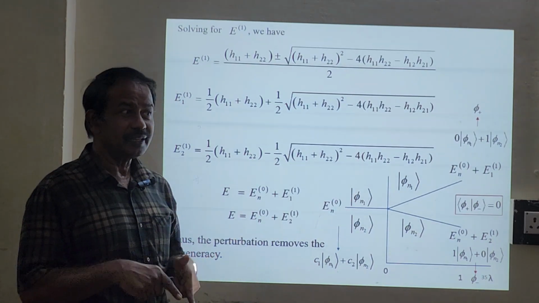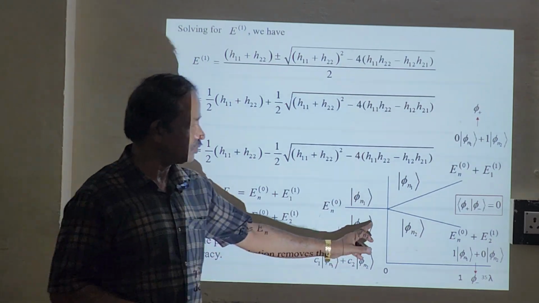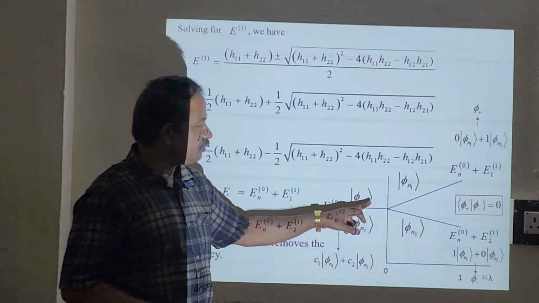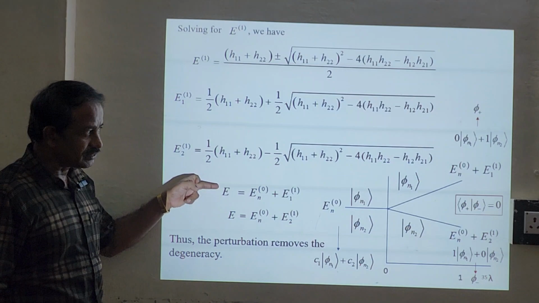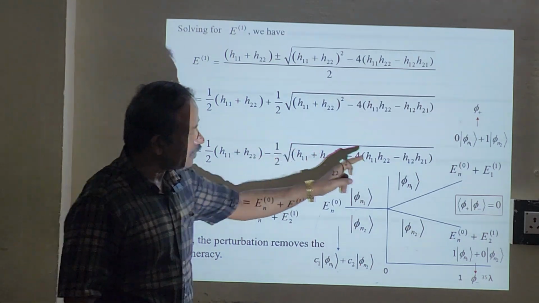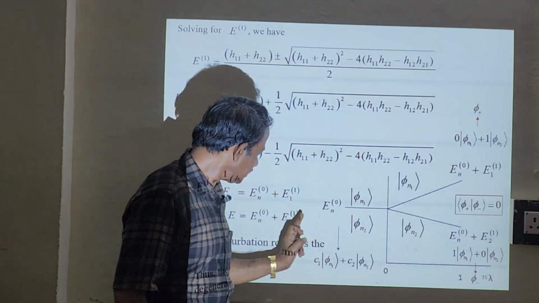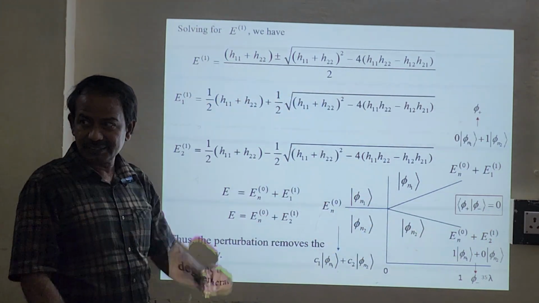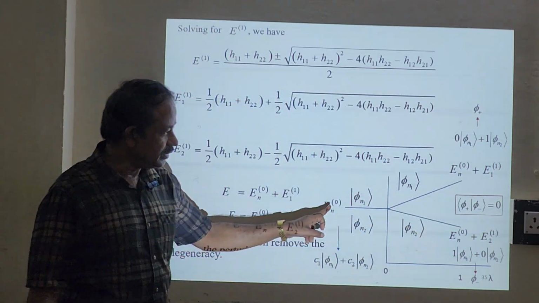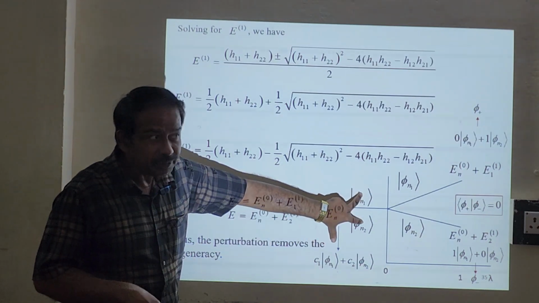Now we are going to apply perturbation. The moment we apply the perturbation, we obtain two energy levels, correct? One energy level goes like this, another goes like this. So we have separated these two energy levels. Before, it was the same energy with two wave functions.